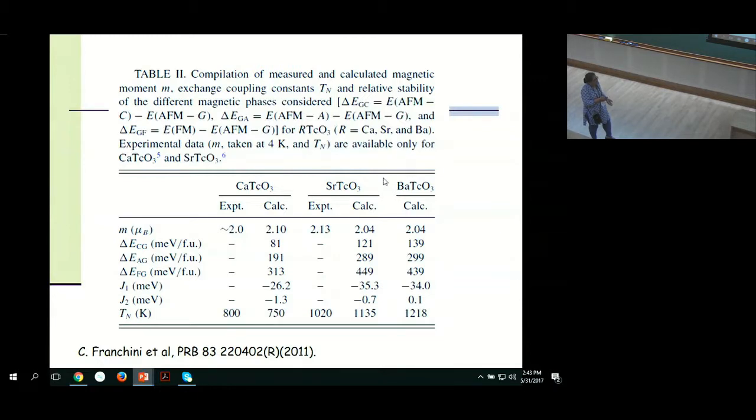This compound is not synthesized, so you don't have an experimental column over there. They did this for various magnetic configurations, mapped it onto an effective Heisenberg-like model, and then calculated a Néel temperature within a classical Monte Carlo, and they were able to get Néel temperatures in reasonable agreement with the experimental value.